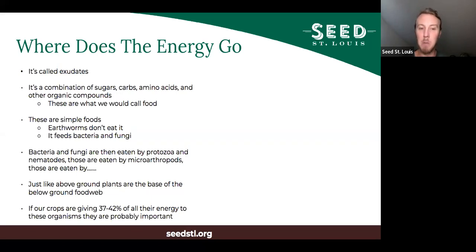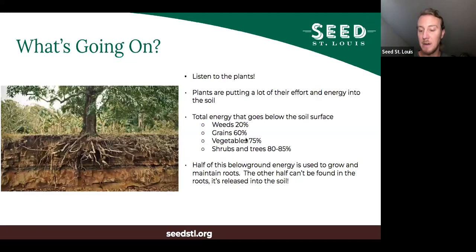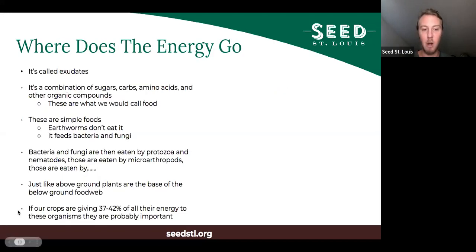Just like above ground, plants are the base of the below ground food web. Based on these numbers, if our crops are giving 37 to 42% of all of their energy to these organisms, they're probably important for us to care about if we want good soil and want plants growing in a healthy, happy way so they produce lots of food for us.